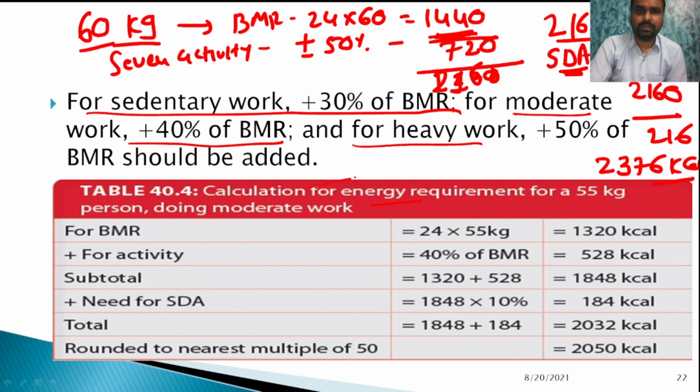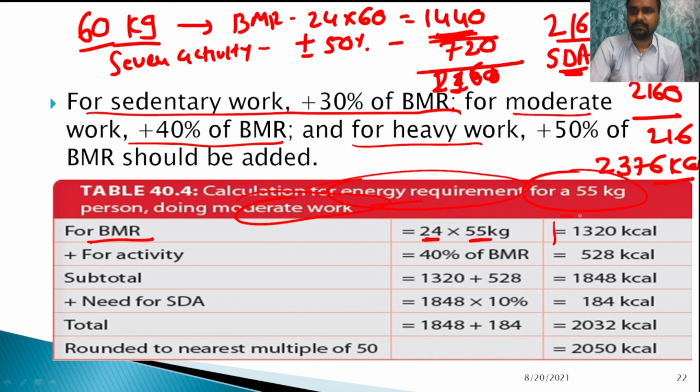Here again an example is given. For the energy requirement of a 55 kilogram person with moderate work, the basal metabolic rate will be 24 kilocalories per kg. So 24 into 55, that is 1320 kilocalories. And he is doing moderate work, so we have to add an additional 40% of the BMR. 40% of this 1320 is 528 kilocalories, that we have to add.